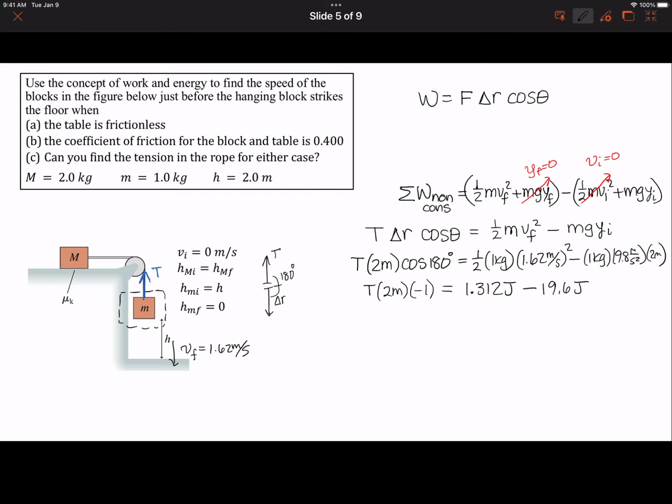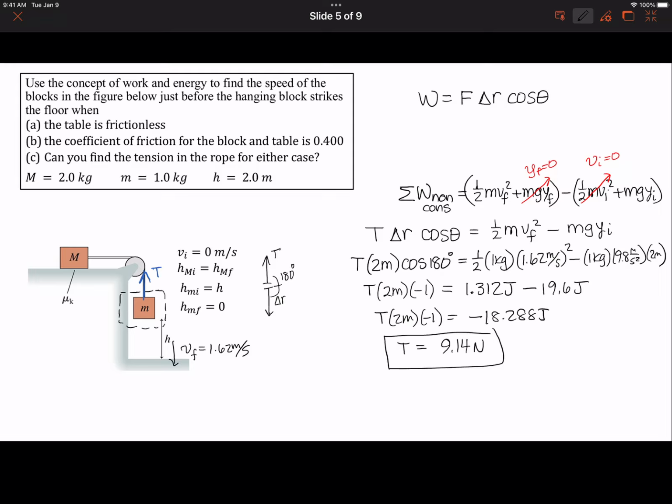I can combine those terms and I get negative 18.288 joules. And then I can divide both sides by -2 meters, and I get that the tension in this case is 9.14 newtons. So the tension here is also higher when there's friction present than what it was earlier without the friction.